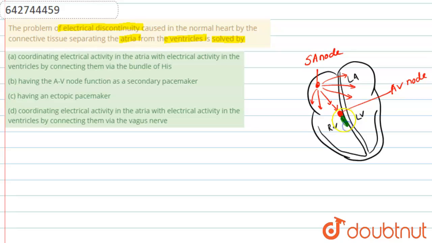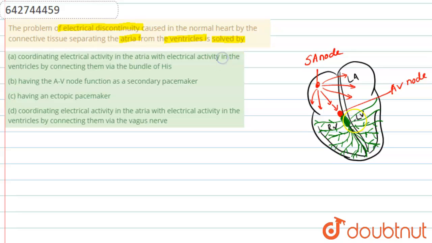From the bundle of His arise many thin branches of fibers known as Purkinje fibers, which penetrate deep into the walls of the ventricles and propagate the action potential to the ventricles, causing their contraction.